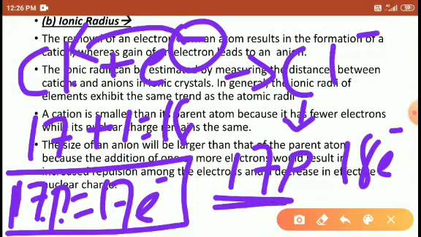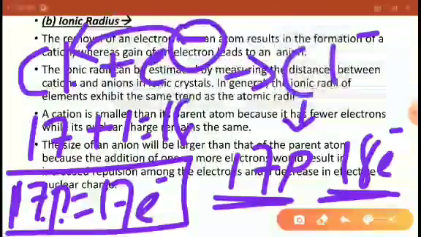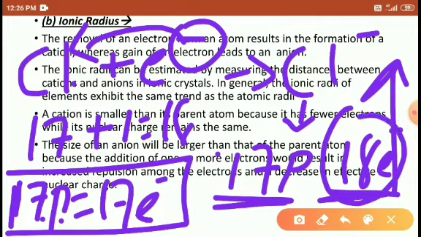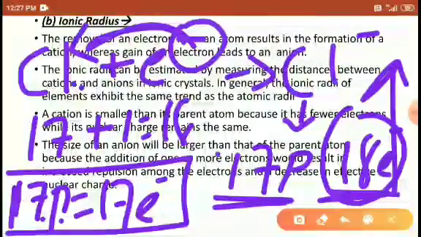But here there are 17 protons and 18 electrons, an imbalance. Electrons have increased as compared to the protons. So when one electron is added to the chlorine atom, repulsion occurs between the electrons. When this repulsion occurs, the anion size is greater than its neutral atom. Right, students?